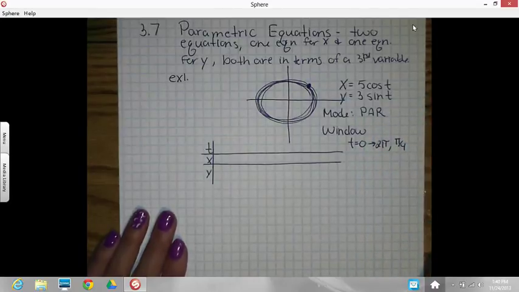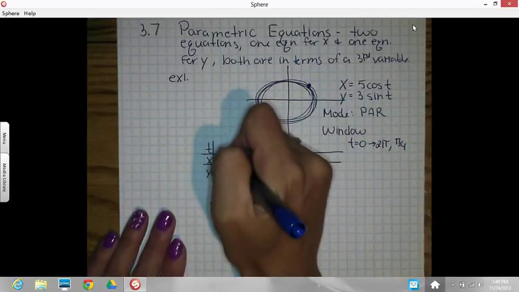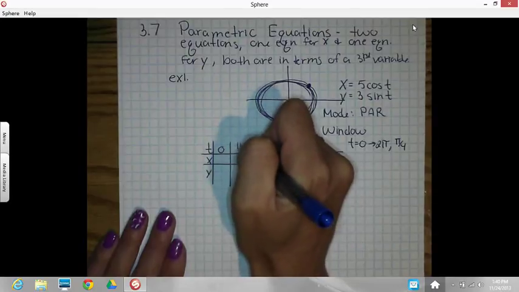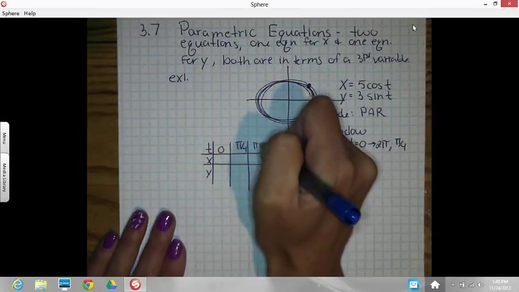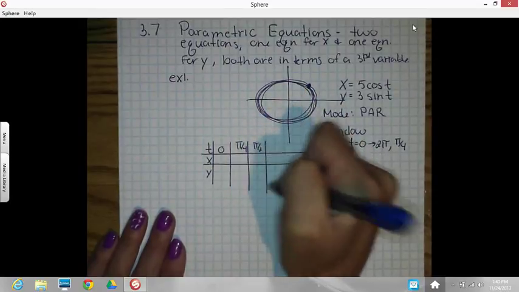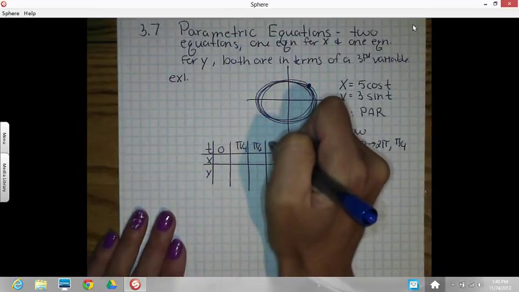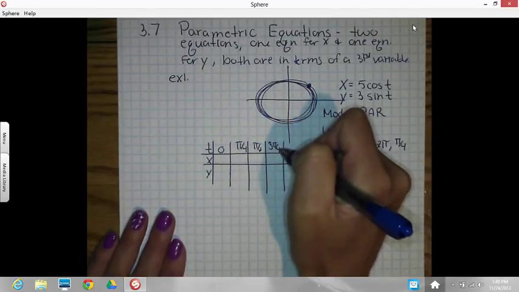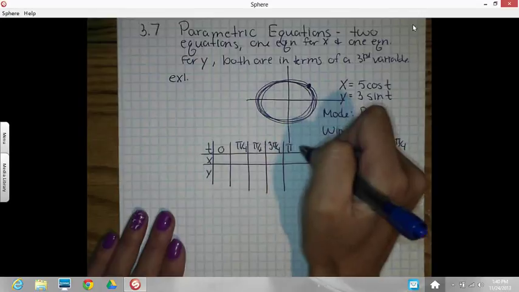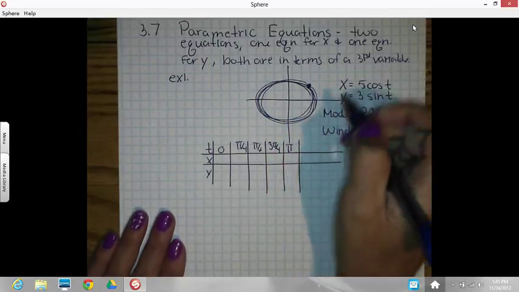That won't be too many points then. So 0, pi over 4. Just keep adding on a quarter pi. Pi over 2. Adding on a quarter, that's 3/4. 3/4 plus 1/4 is 1 pi. Adding on a quarter again, that's 5/4.